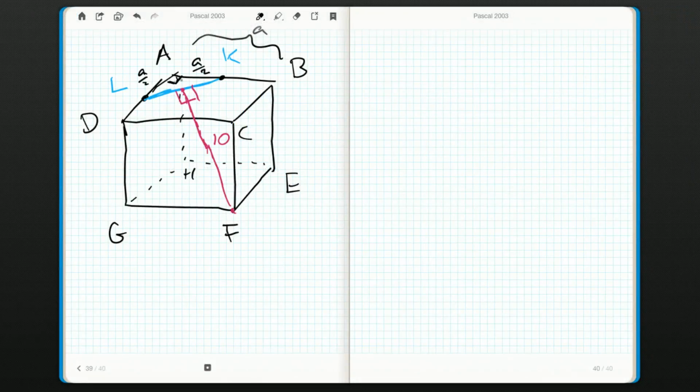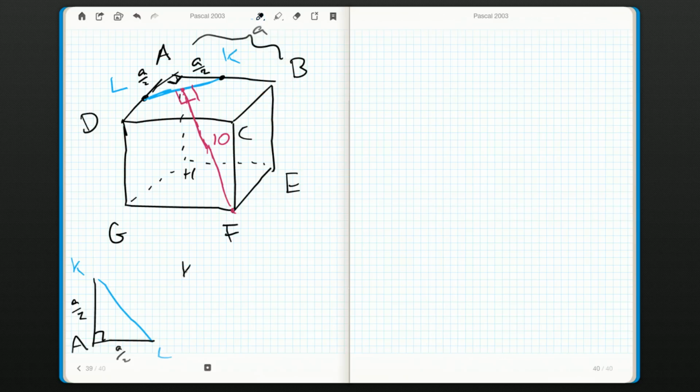And cubes have right angles, so I know this triangle here. If we just look at it flat, top down, we've got A by 2 and A by 2, a right angle here, and K and L. Looks like we've got Pythagoras.